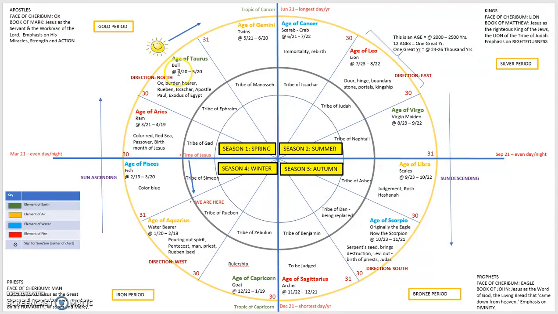We know the ox is the Taurus. We know that the lion is Leo, so we know that face. We know that the eagle was here, and we know that the man is here. And so when we were talking in that video, we were speaking of how it also linked into the 4 Gospels. And so the book of Mark is here, Luke, John, and Matthew.